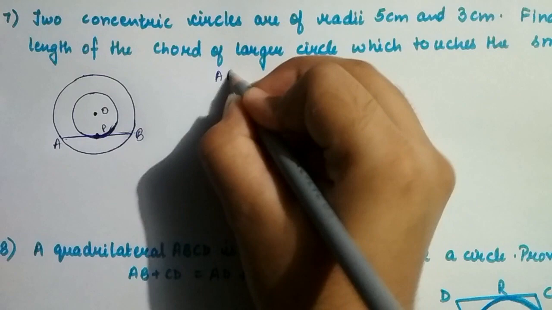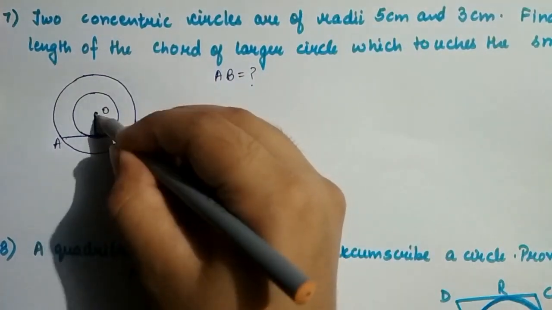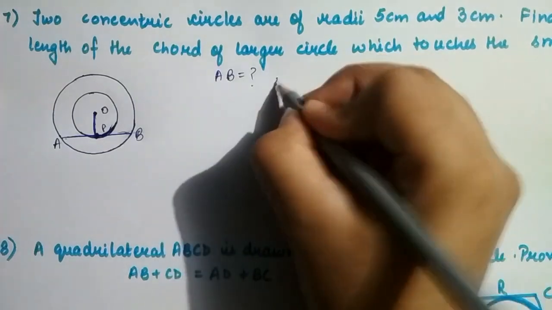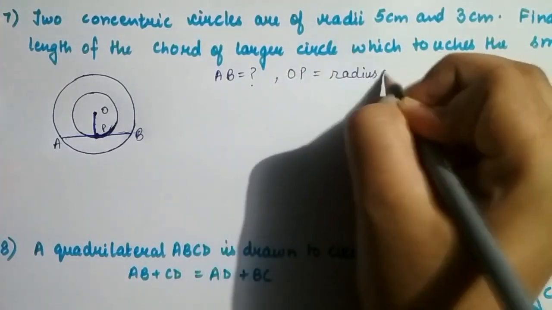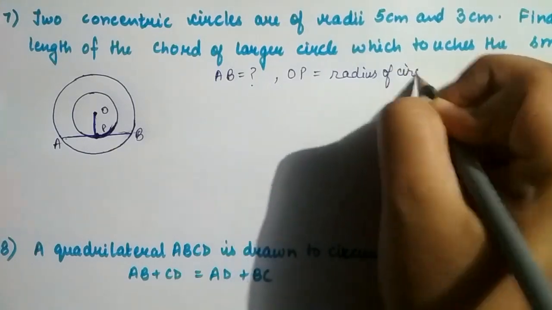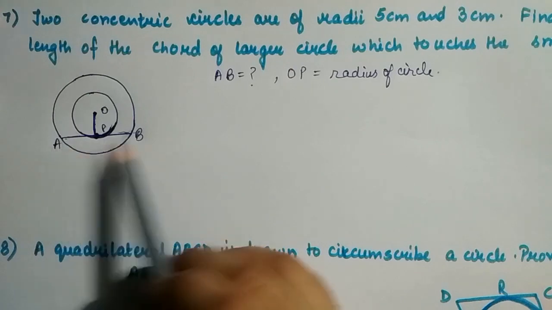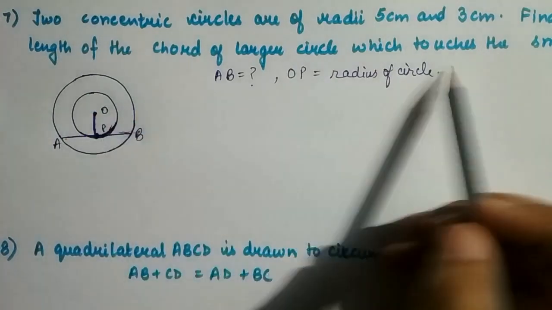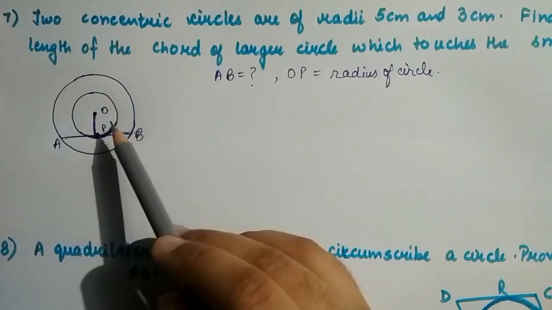So we have to find AB, and we know OP is the radius of the circle. You also know that AB will be the tangent because AB is intersecting the smaller circle at only one point. So AB is the tangent of the smaller circle.